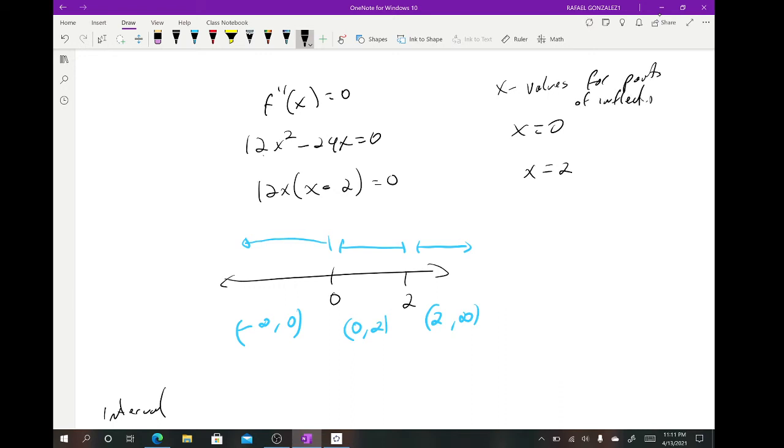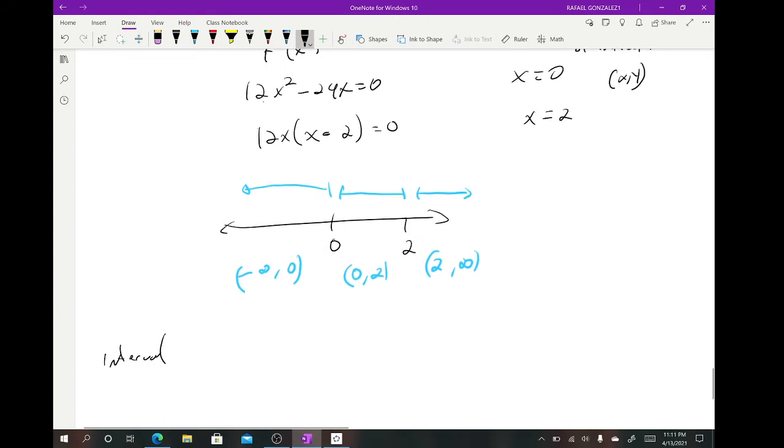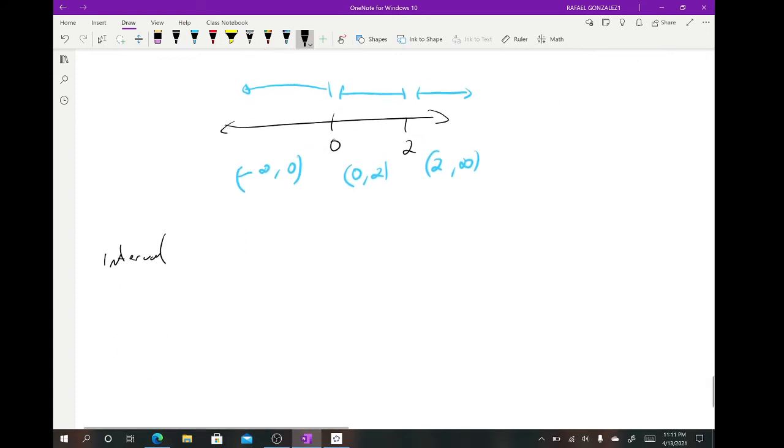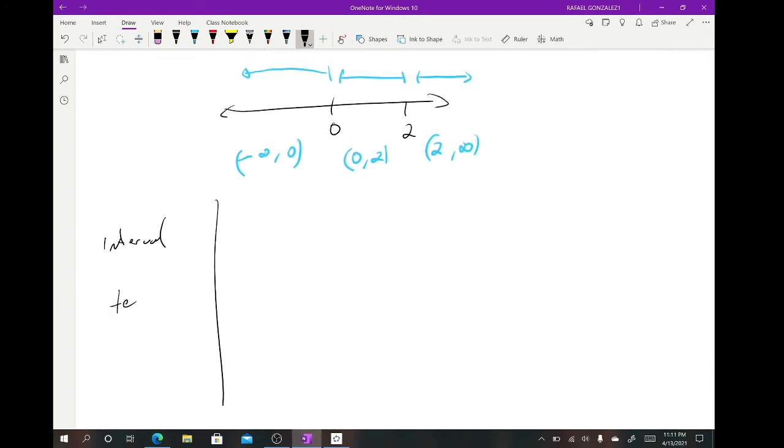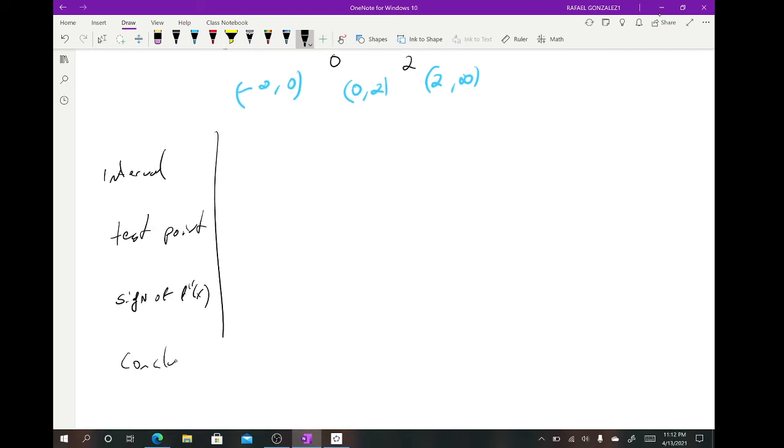The reason I'm saying this is because a point is of the form x and y, and we only have the x's here. So in my table, I have the interval, then the test point, then the sign of the second derivative, and finally my conclusion.